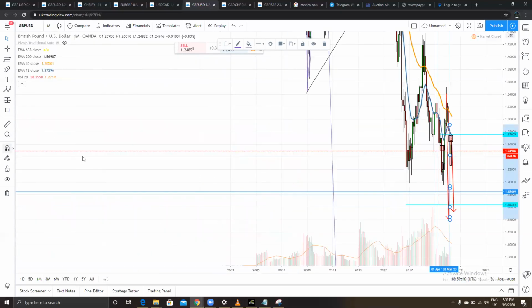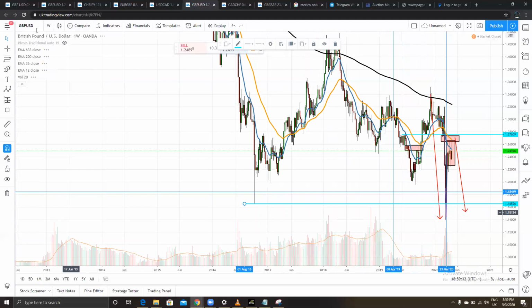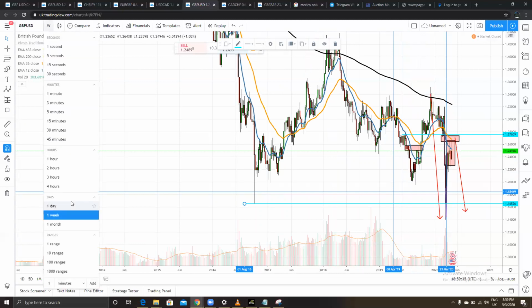That's my magnetic tool. So it's 1653, 1650 level. That is a key level which you will remember for the rest of your trading career whenever the price comes back down there again.